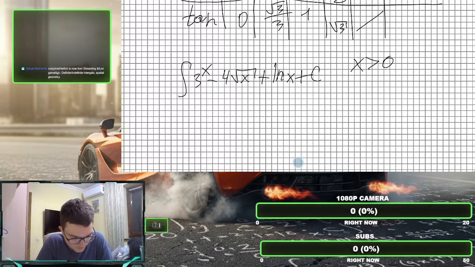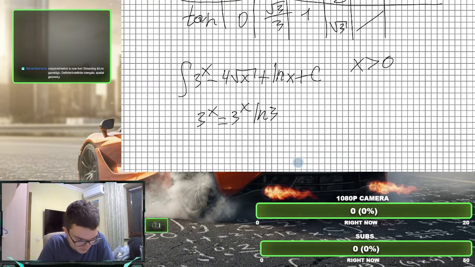So the derivative of 3 to the power of x is just 3 to the power of x times ln of 3. So yeah, that's the first thing.